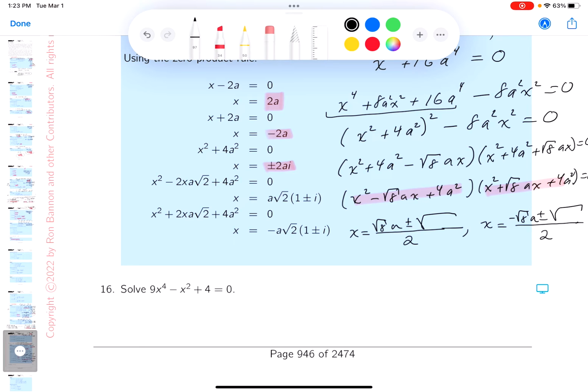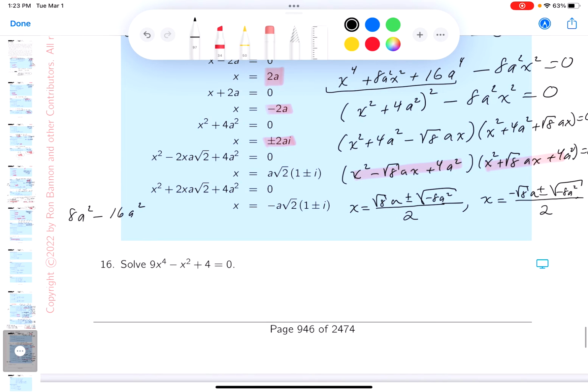And what's that going to be? Well, it's going to be b squared, which is 8a squared, minus, and this is true in both cases, by the way, 4ac. So it's going to be 16a squared. What do you get there? That would be minus 8a squared. Let's keep moving along.